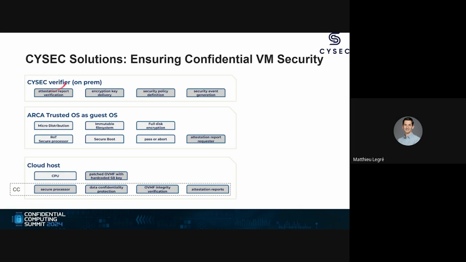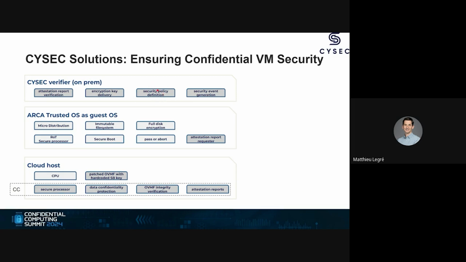We call it the verifier. There is a way to verify the attestation report, to deliver and store some encryption keys that are used to unlock the full disk encryption of the Arca Trusted OS user space.